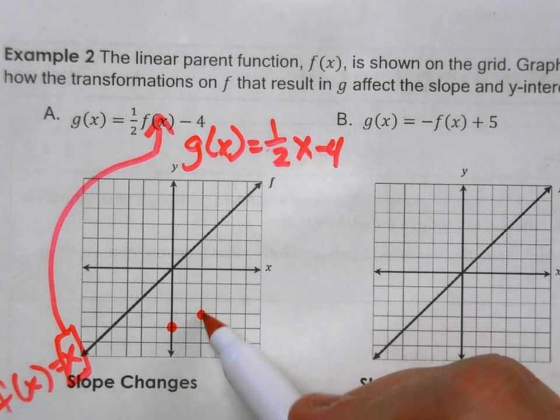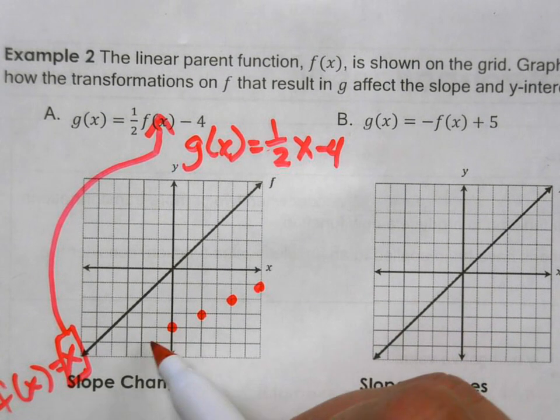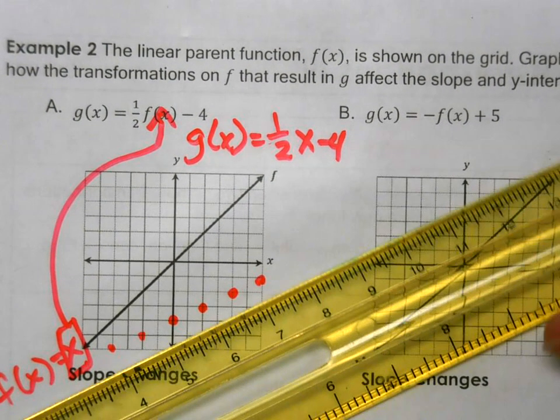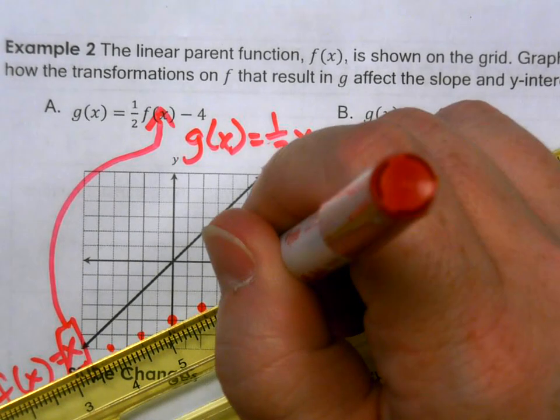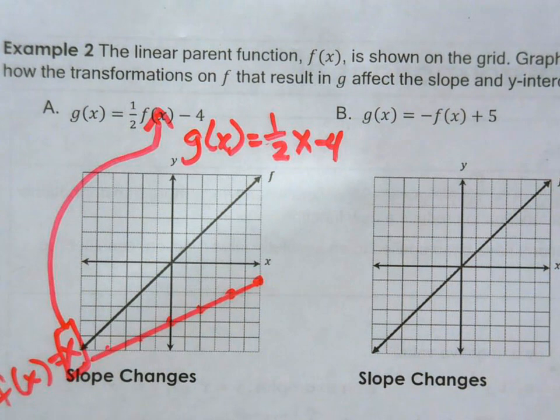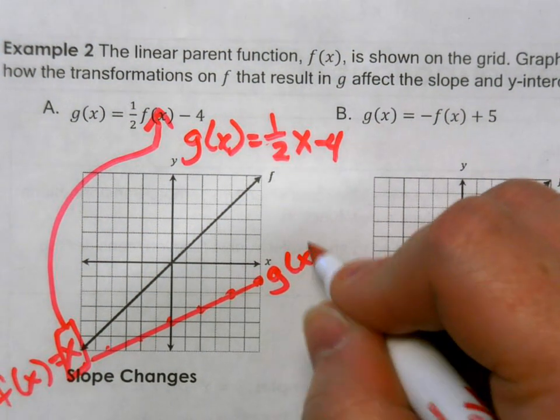Up 1 over 2, up 1 over 2. Okay. So here's my new line. Okay, this is my g of x line.